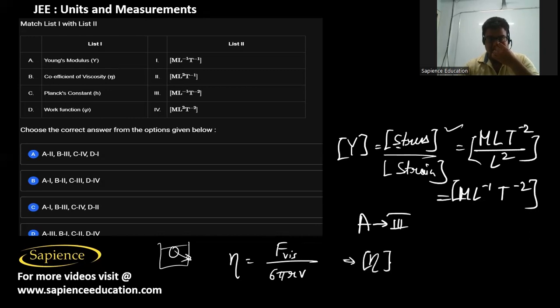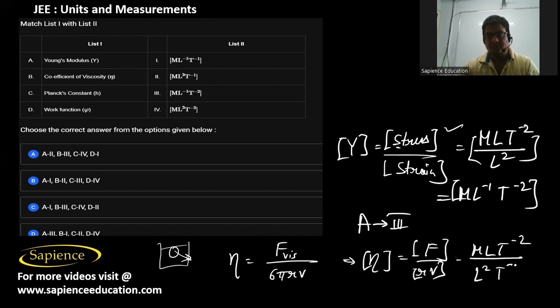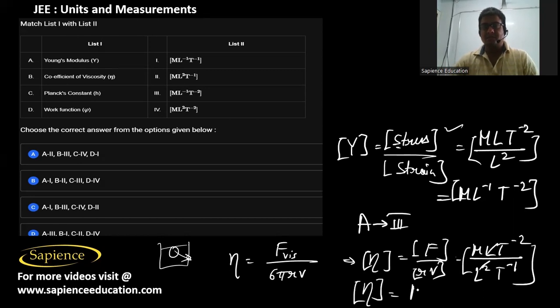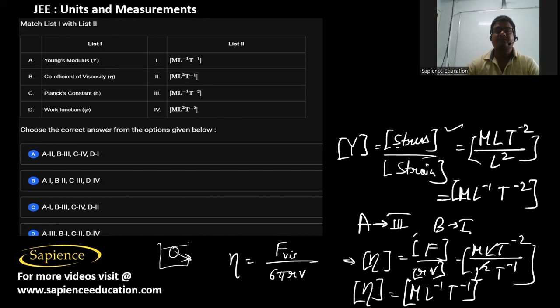So the dimensional formula for eta is that of force by r into v. So this will be M L T power minus 2 divided by L into L T power minus 1. So L will cancel out. Then the dimensional formula for eta will be M L power minus 1 T power minus 1. So B will match with 1.